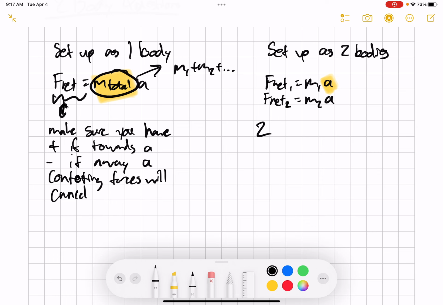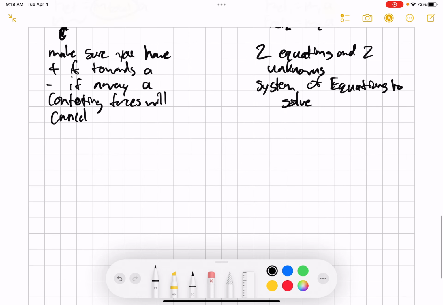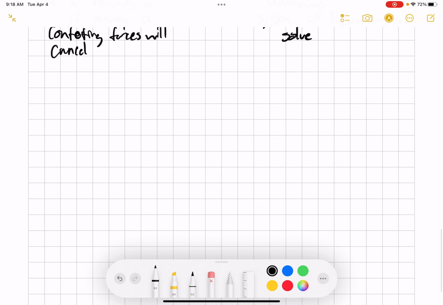So you have two equations and two unknowns, which means you need to use a system of equations to solve, okay? Usually one body is a little bit easier, so I would recommend using one body, but we can go ahead and look at how both work.